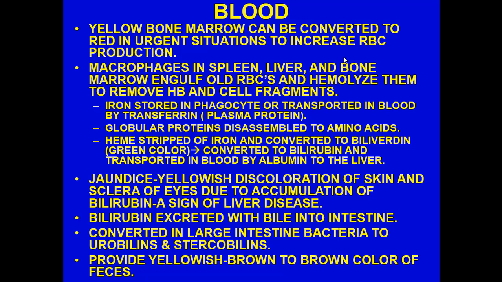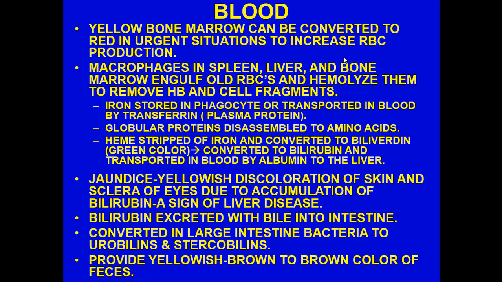Now, there's a situation where we have what we call jaundice. This is a yellowish discoloration of skin and the sclera of the eyes, and this is due to the accumulation of bilirubin, which is usually an indication of liver disease of one type or another. Bilirubin is excreted with bile into the intestine.